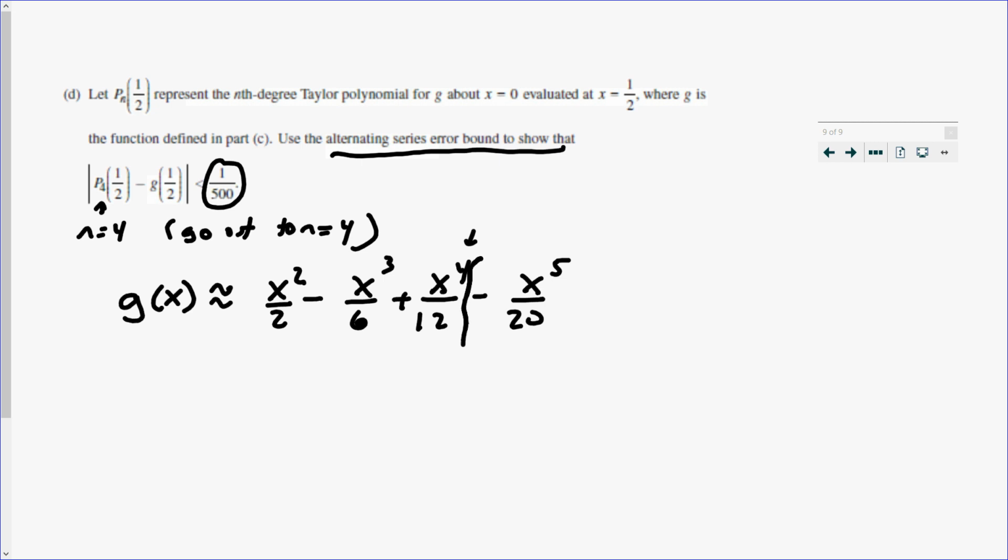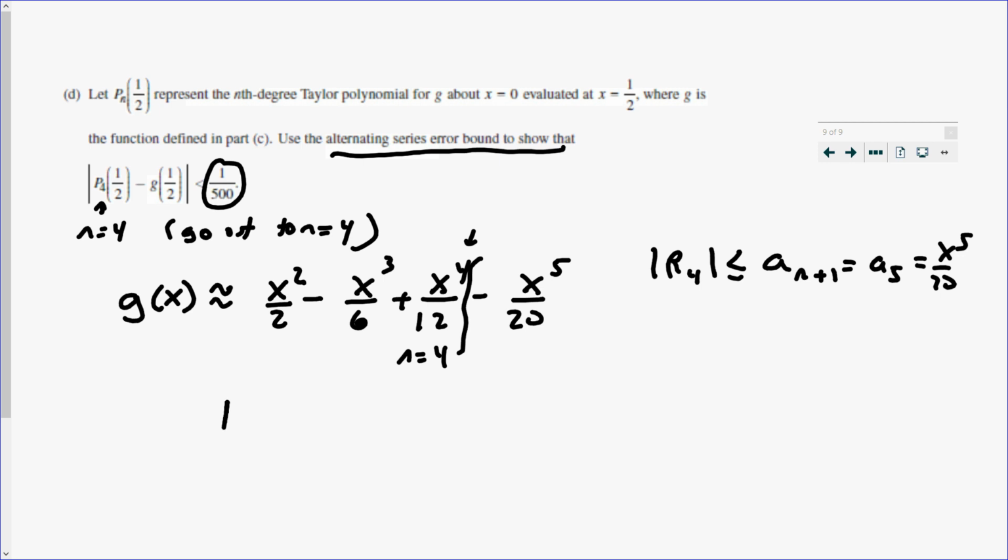So there's my n equals 4, right? An alternating series says that the error in the first 4 terms is less than or equal to the next term, n plus 1, which is our 5th term, which for us is x to the 5th over 20. We use the magnitude. So what can I say?